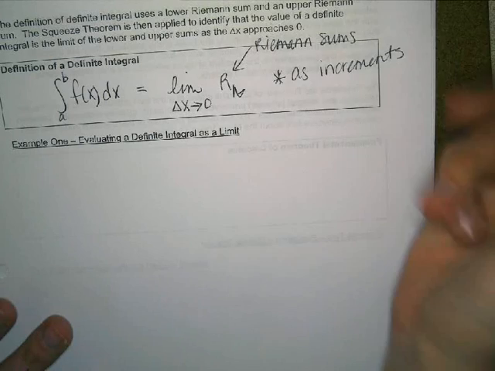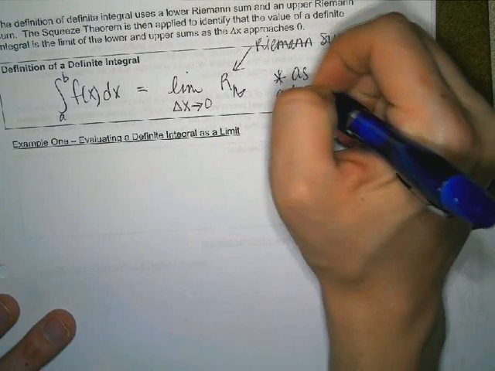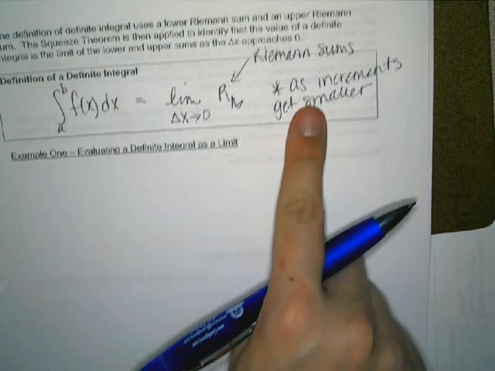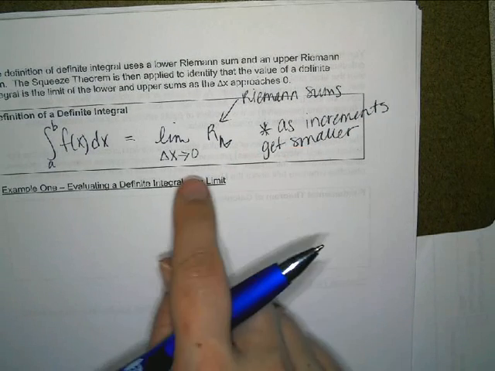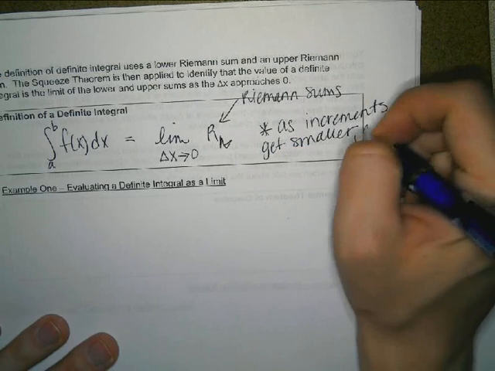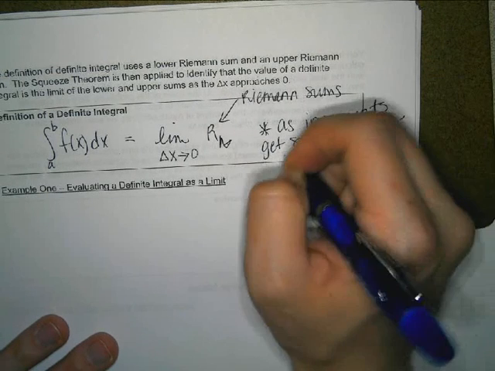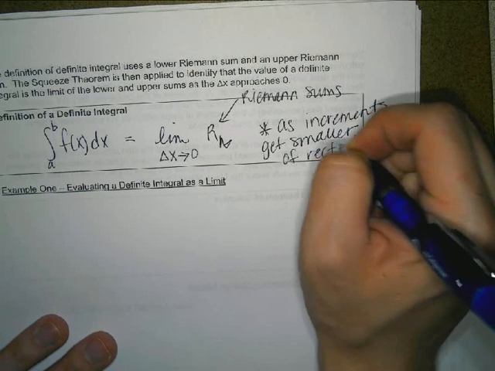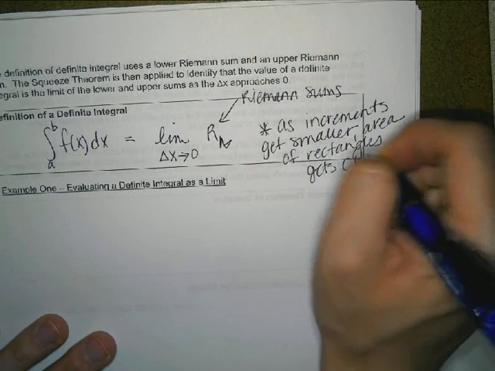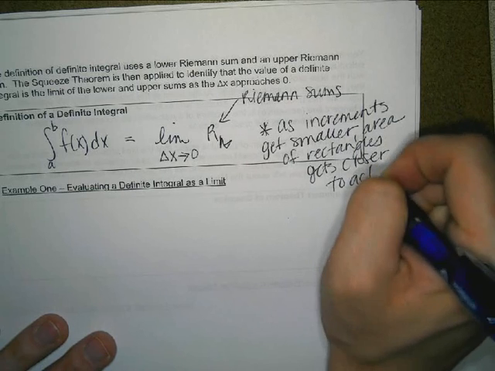Okay, so as your increments get smaller, increments being like the width of your rectangles, the area of the rectangles gets closer to the actual value.